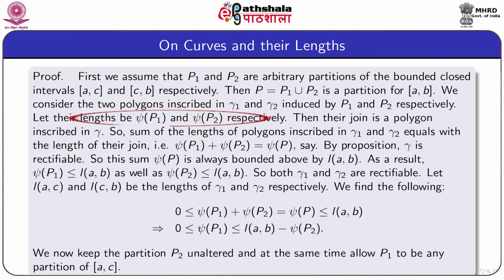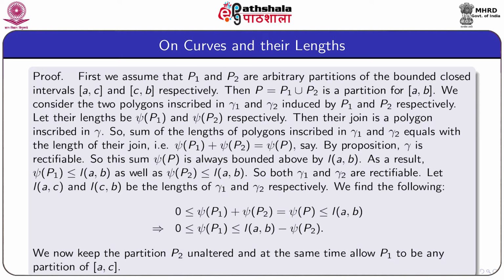Let their lengths be denoted by psi(P1) and psi(P2) respectively. Now their join is a polygon inscribed in the curve gamma. So, the sum of the lengths of polygons inscribed in the parts gamma 1 and gamma 2 equals the length of their join. That is, psi(P) is given by the sum of psi(P1) plus psi(P2).